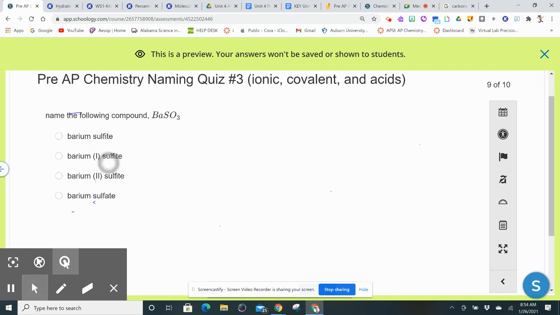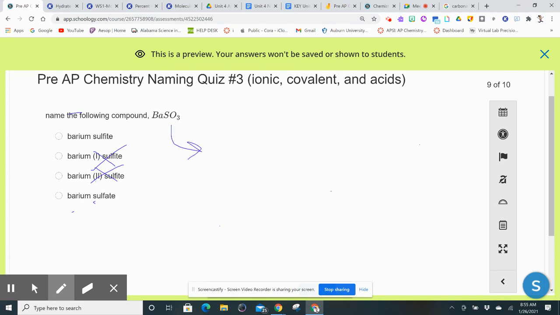No, it is not. So I can cross that out. SO3 is a polyatomic ion because it's more than one element. SO3 is actually the sulfite ion. Okay, so that takes this one out. And so that means it has to be the first one. Barium sulfite.